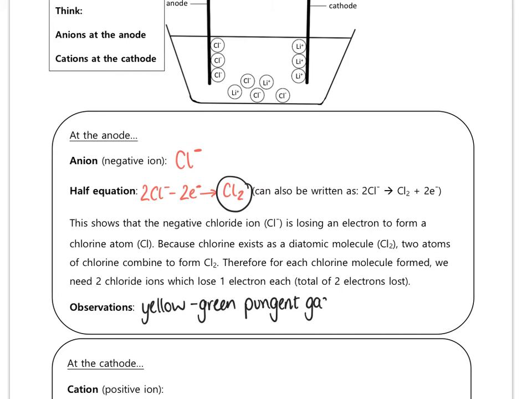And that just means that it's kind of a choking gas, and again, it is toxic. All of the halogens are toxic. So as a yellow-green pungent gas evolved. Why am I seeing that observation? It's because I'm producing chlorine gas. So at the anode, we have the chloride ions being attracted to it, losing electrons to become a chlorine molecule. And we observe that a yellow-green pungent gas is evolved.